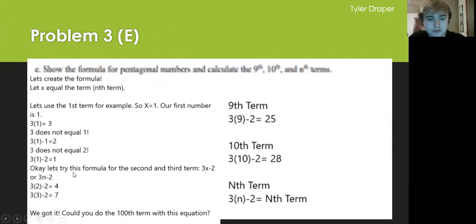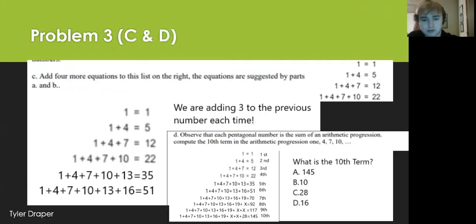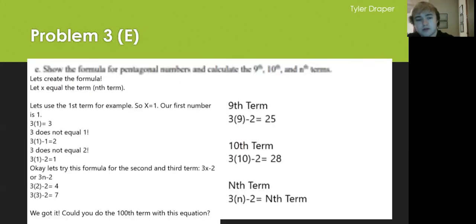Okay, so let's try this formula for the second and third term. So 3x minus 2, or 3n minus 2. N would be our variable. So let's try this formula. 3 times 2 minus 2 equals 4. 3 times 3 minus 2 equals 7.